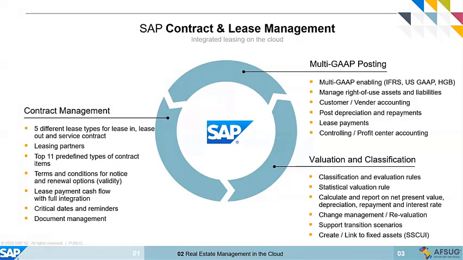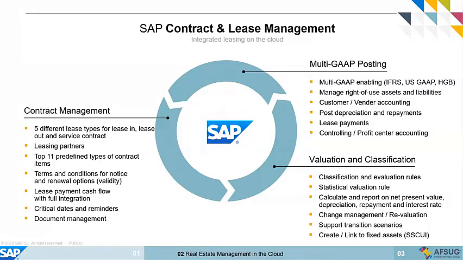So, I'm not going to go through every single one of them because this will be shared with you. But what the valuation and classification portion of the solution does for your business is that it injects some automation into your business. It helps reduce manual work, and of course, it's fully integrated into your financials.